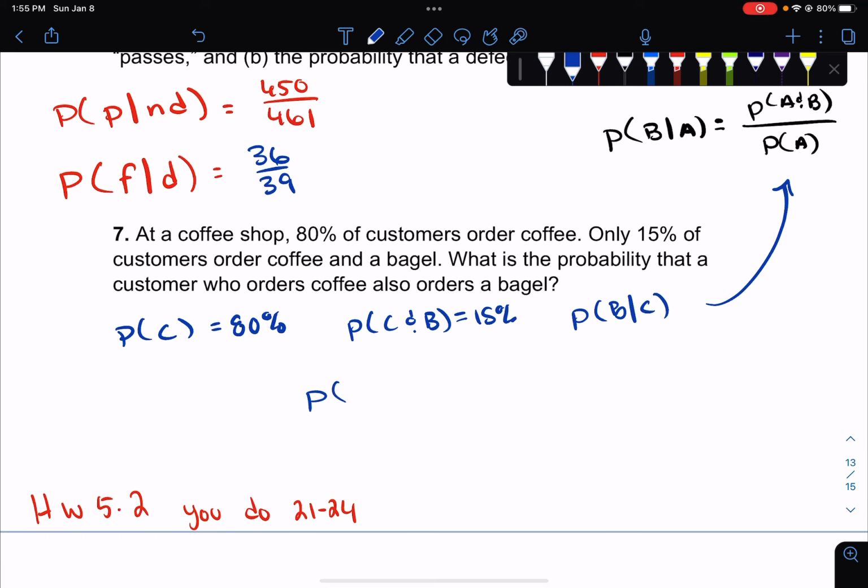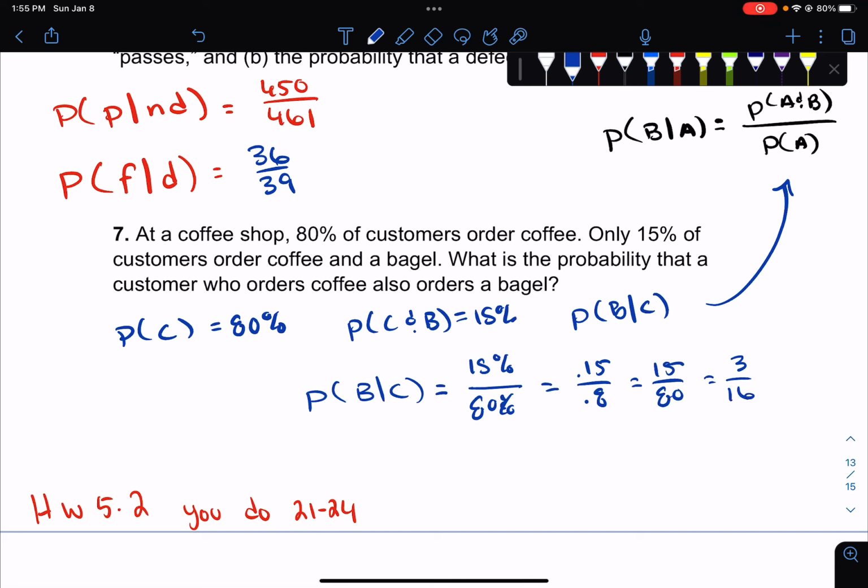The probability that someone buys a bagel if they've already bought coffee equals the probability that they did both, 15%, divided by the probability that they bought coffee, 80%. You could rewrite that as 0.15 over 0.8, which is 15 over 80. 5 goes into both of those, so 3 over 16. So 3 out of 16 is the probability that if someone buys coffee, they're also going to buy a bagel.